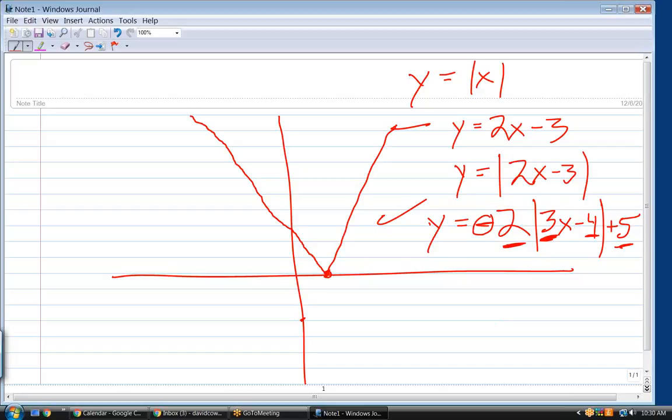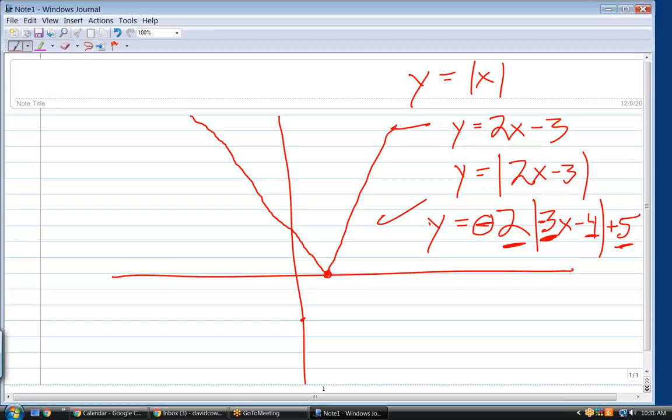And there's only one other thing you can do, which is to put a negative sign inside the function, and that's a reflection over the y-axis. So there's a total of 6 things that can be done to elementary functions.